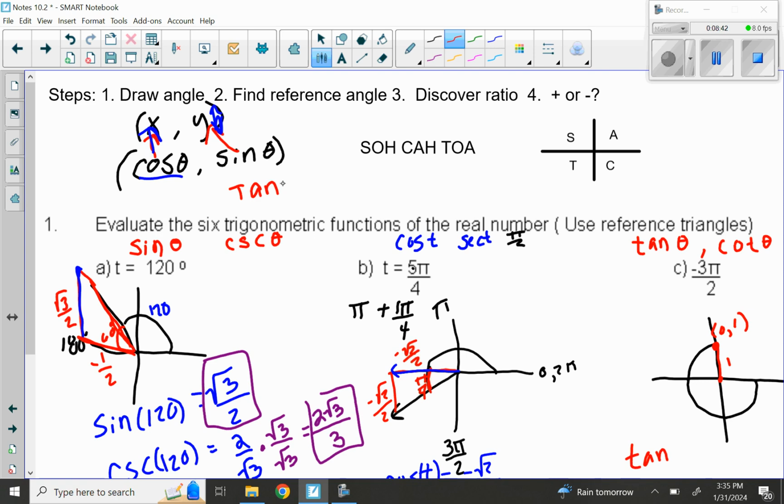Tangent of theta actually equals sine over cosine, which means it equals your y value over your x value.